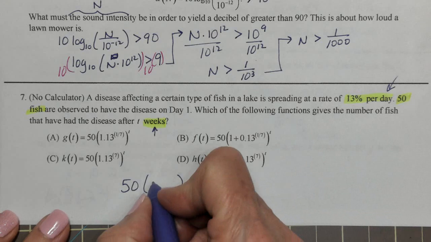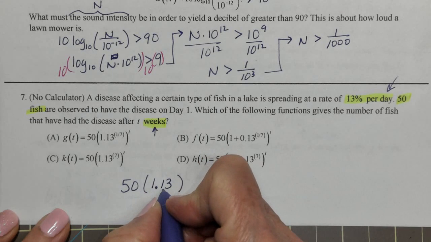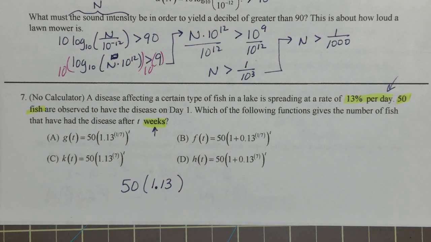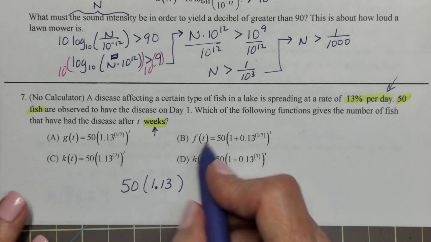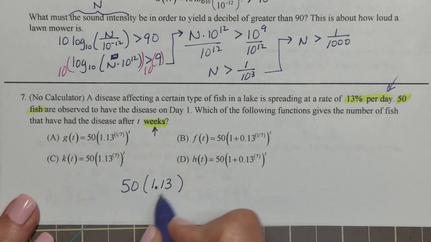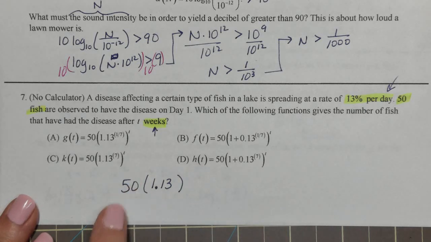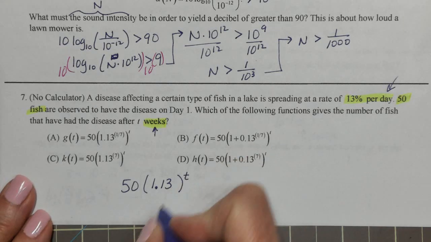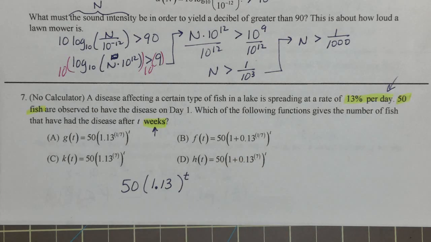Well, after 1 day, I need to multiply by 1.13. That would give me a little bit more than 50. If you just do it by 0.13, you're going to have fewer fish with the disease, and that's not the way it's happening. So if my first thought is, let's see what happens if I just have a t there.